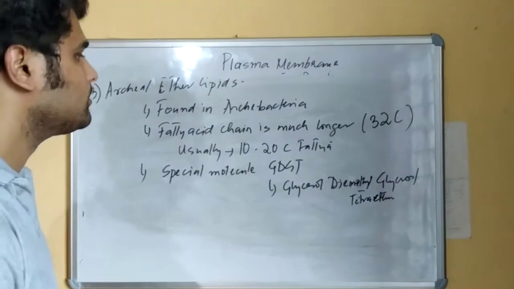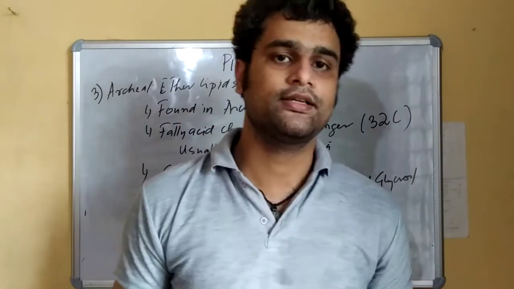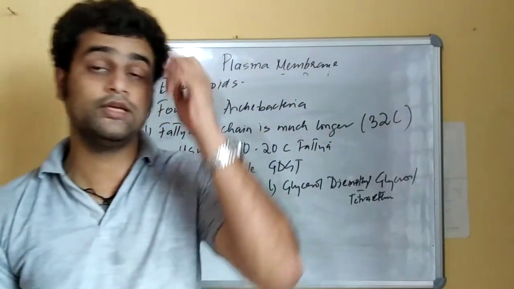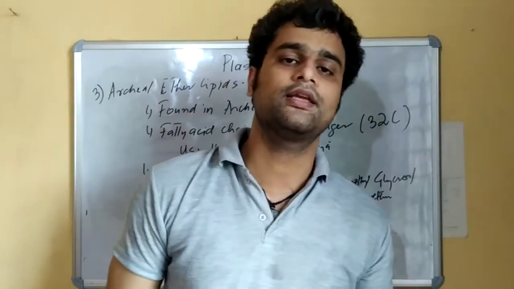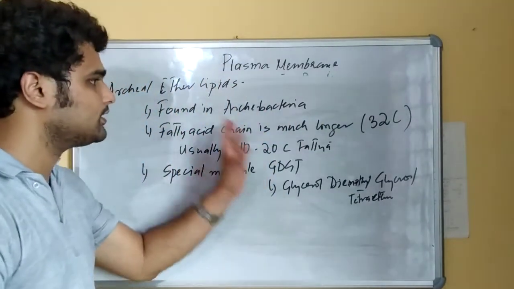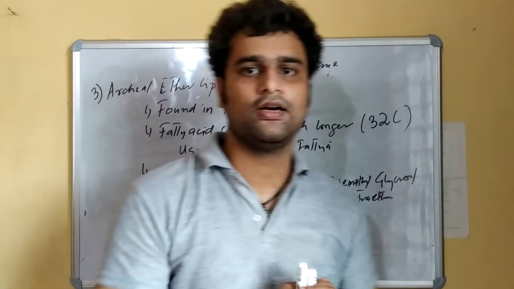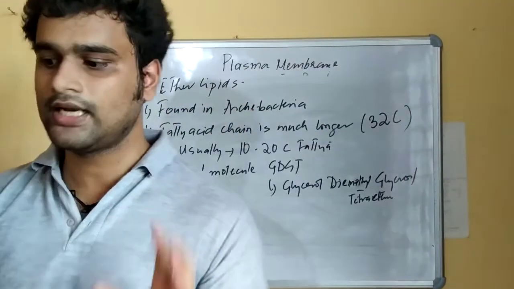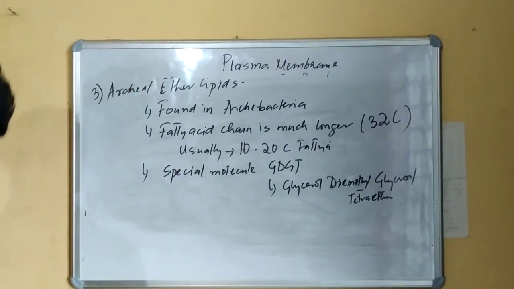It is a unique molecule which is found in archaeal ether lipids. So this is basically the general idea of archaeal ether lipids, and the last portion of lipids is sterols.